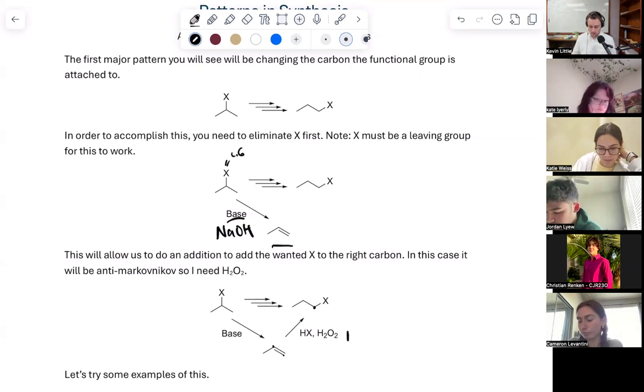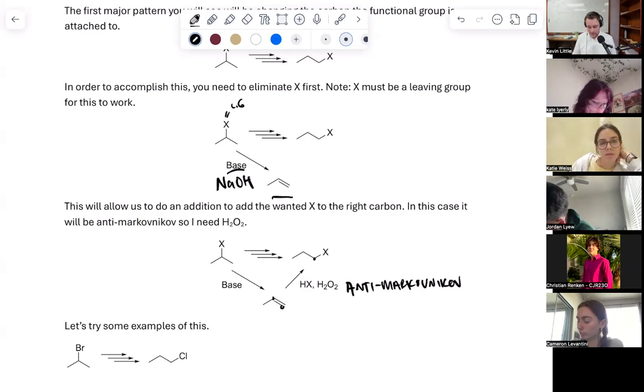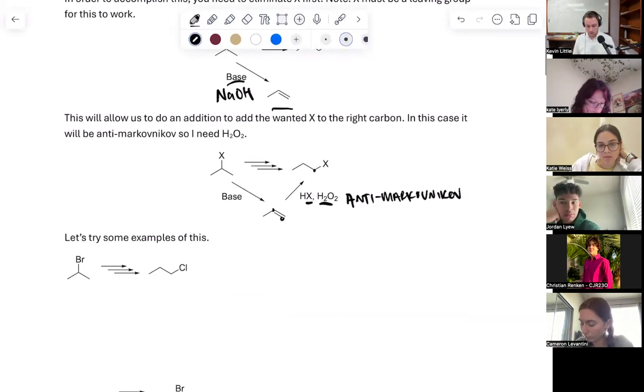Once we have the elimination product, we can do an addition. In this case, since we're going to be adding it to the less substituted part of the double bond, this needs to be anti-Markovnikov. So the way that we can add it, halogen HX, like let's say this is chlorine, anti-Markovnikov, is by adding H2O2, adding peroxides.